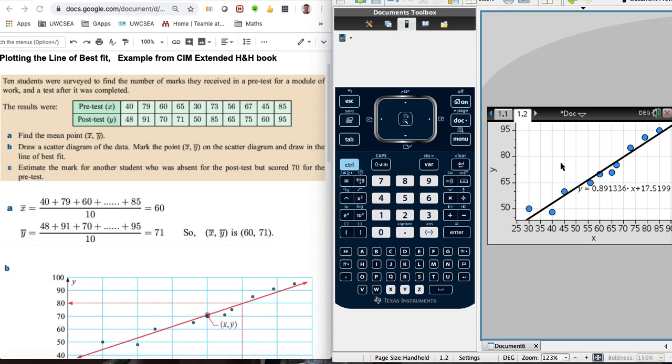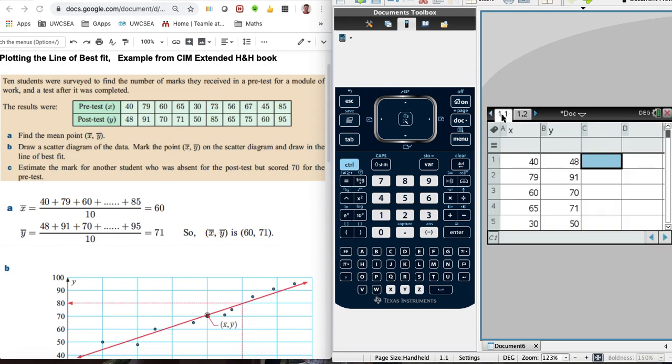So how good is this? How good is this line, and how well does it actually fit our data? Well, there's a value that we can find which is called the R value, which tells us how well this line fits the data in terms of the linear line. Okay, if I go back to my data, I can insert all of the information here just like we've done before when we're doing all the stats.